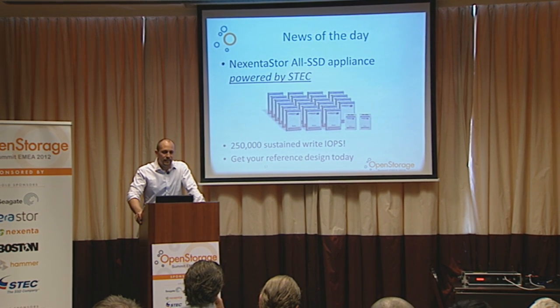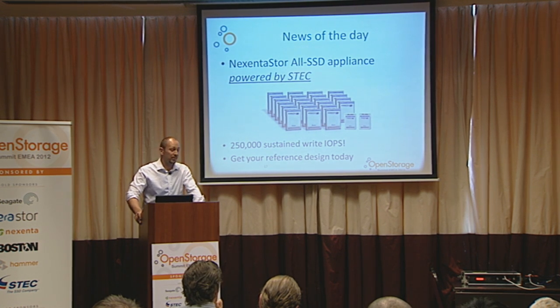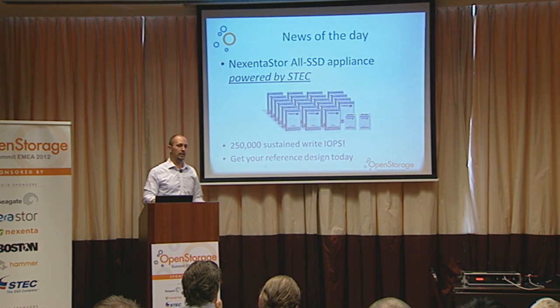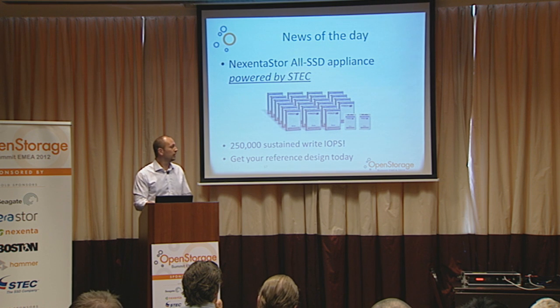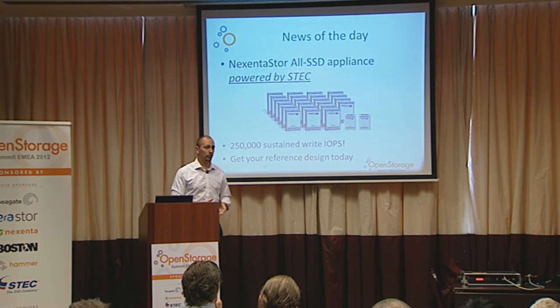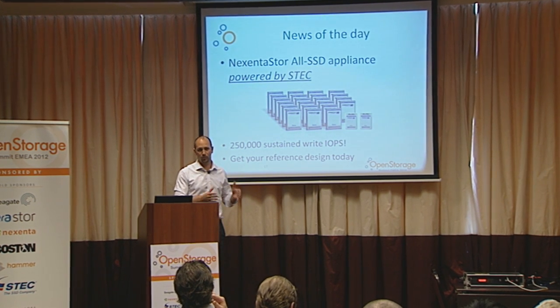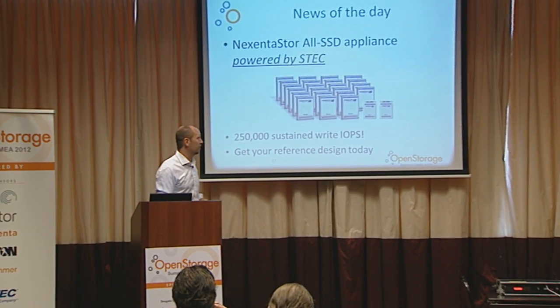So this all-flash-based appliance is today based on our Mac 16. So it's based on the lower cost product that we have, which is not a low-cost device. I mean, it's an enterprise class SSD used today most of the time by the server guys.